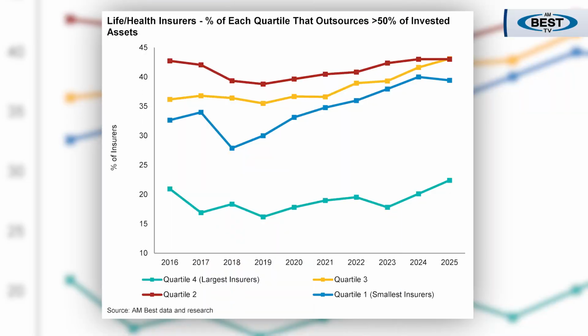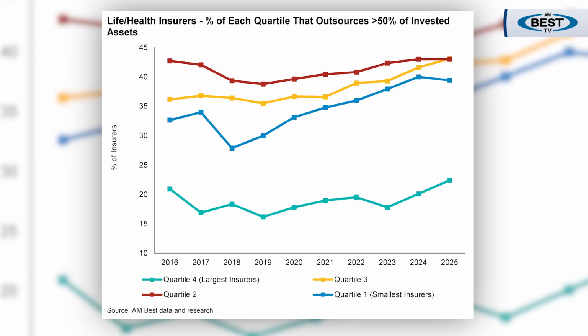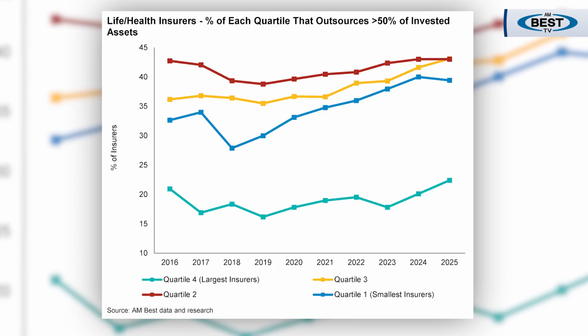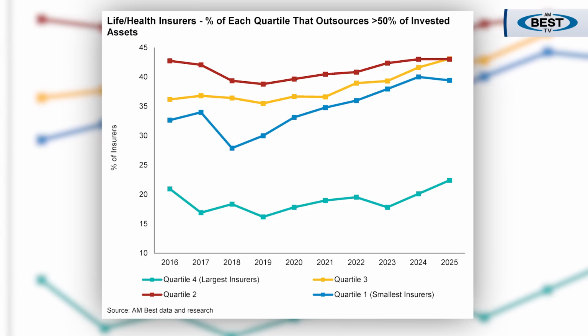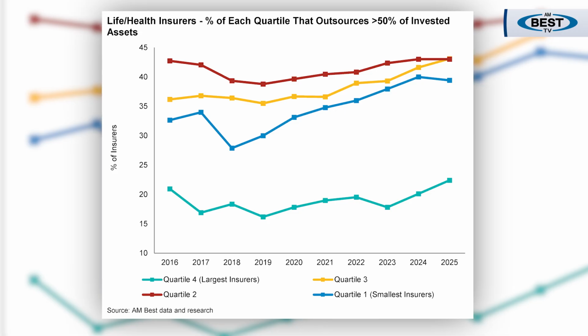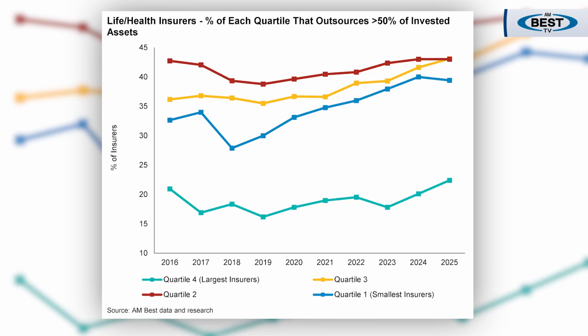For mid-size insurers, they tend to utilize external managers more so to enhance their portfolio capabilities. And then larger insurers, they typically have their own in-house investment teams, but they may utilize an external asset manager for their expertise in more niche asset classes.